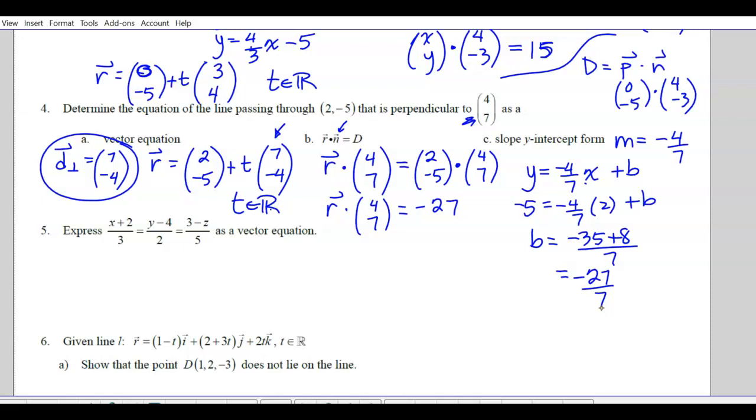Now I went from the slope and used a point. From this, you can convert it to general form. Remember r is (x, y), so that's going to be 4x plus 7y equals negative 27.